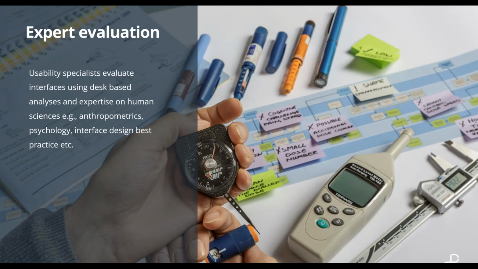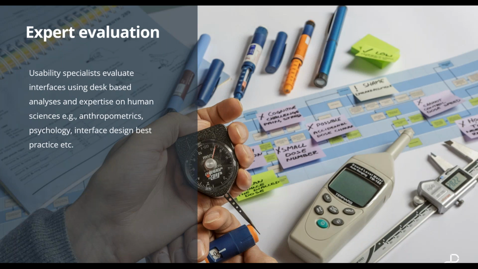So in terms of assessing user interfaces, there are two types of approaches to understanding whether the concept of an interface or the detailed design of an interface is appropriate. One of the ways this can be done is via expert evaluation.